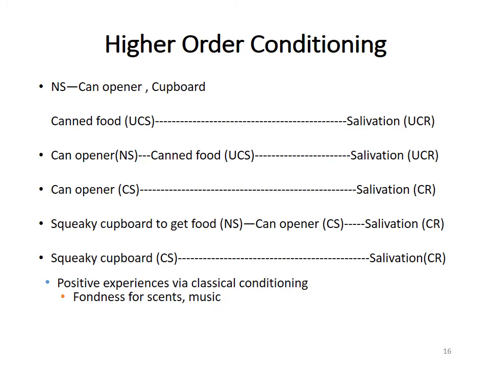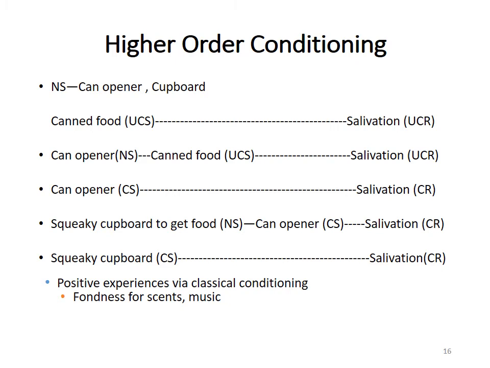After several pairings, the cat realizes, oh, I'm going to get fed when they open the cupboard. So the squeaky cupboard will become a conditioned stimulus as well. And that squeaky cupboard is going to elicit salivation in the cat, even without the can opener and without the food. So that would be an example of higher order conditioning.